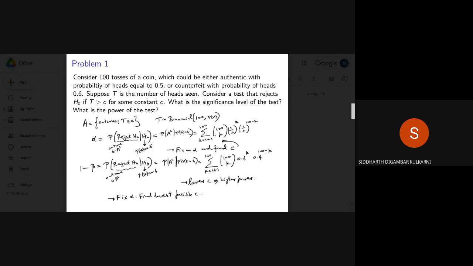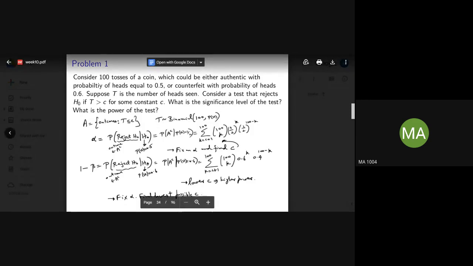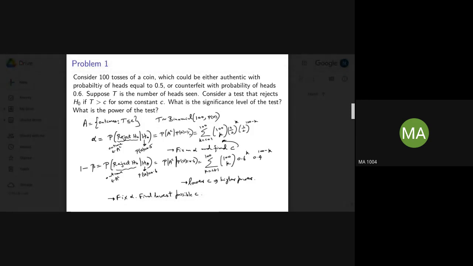What was this H naught? H naught was that the probability of head is 0.5. And when were we rejecting H naught? We were rejecting H naught when T is greater than C.